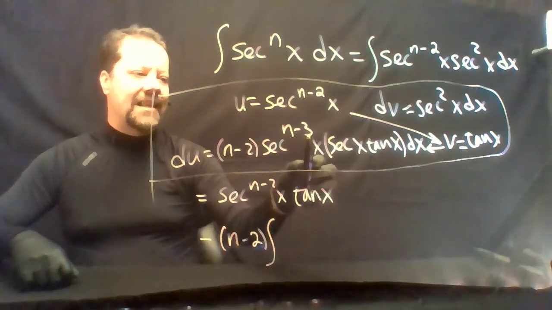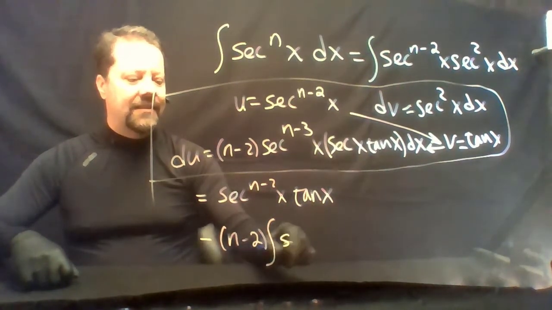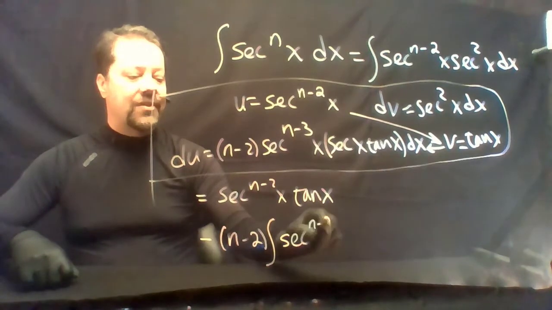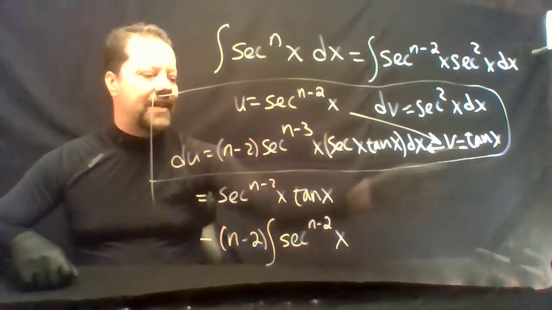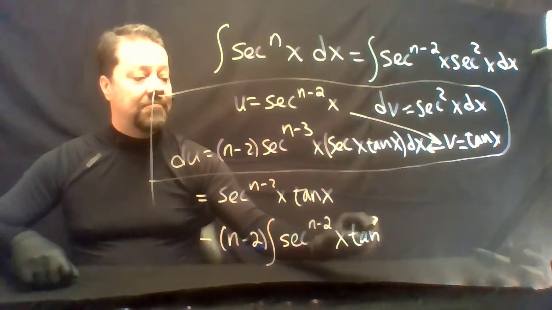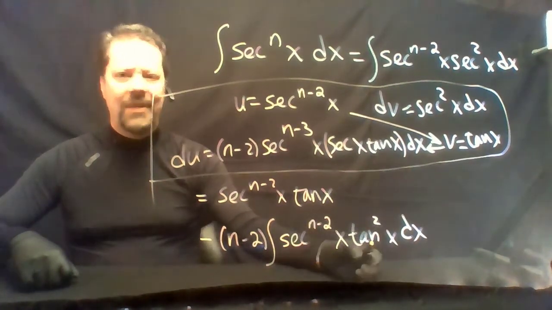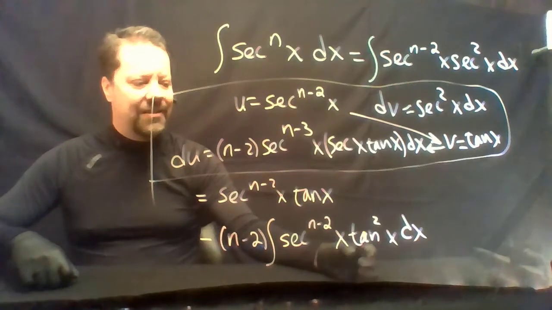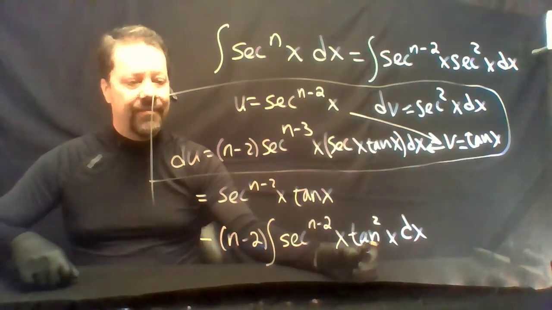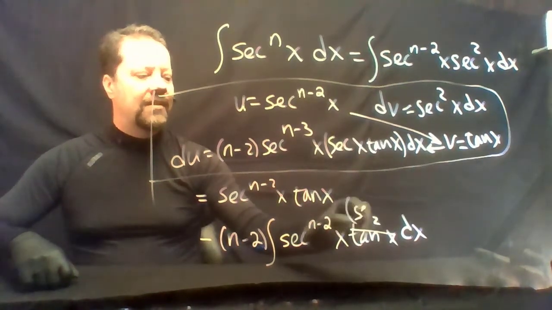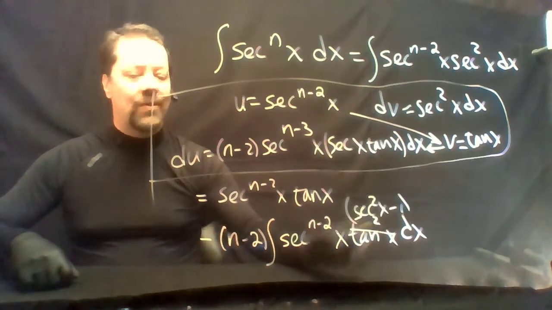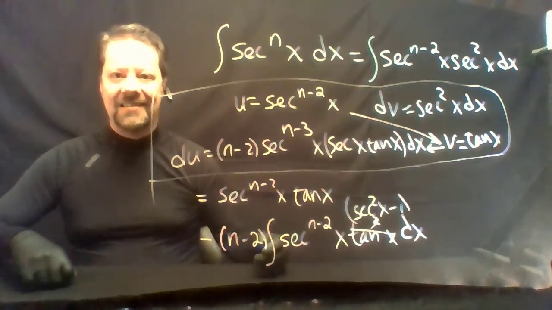We have a secant to the n minus 3 times secant. That's secant to the n minus 2x. We have a tangent times a tangent. That's tangent squared x. Looks like we need to use a Pythagorean identity to convert tangent squared x to secant squared x minus 1. Do you remember that identity?